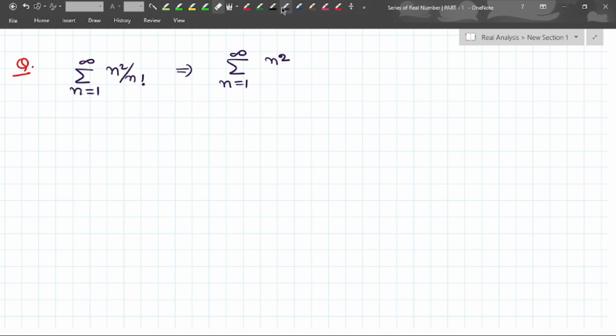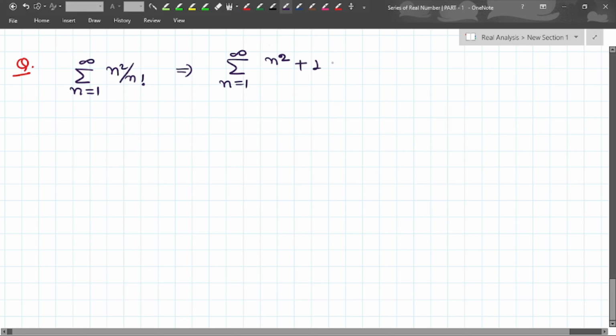Then I will use this. I will just add 1 and subtract 1. Now what will happen here? First thing I can do is write n minus 1 factorial into n. Now it is again going to be the summation to infinity of n upon n minus 1 factorial.